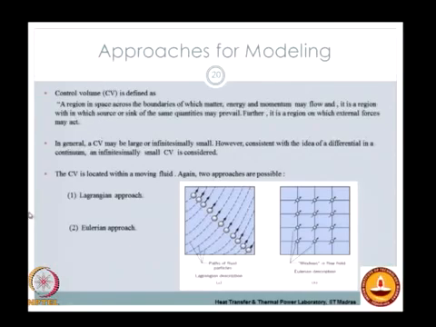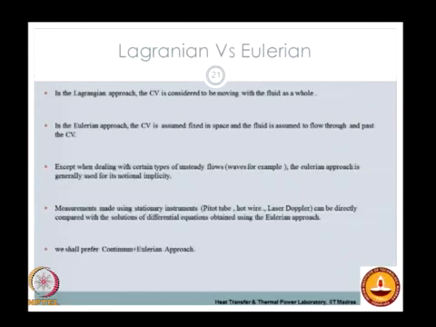Each has its own advantages and disadvantages. However, the Eulerian approach is more conducive when you compare your measured data with whatever you have computed or analyzed with your governing equations.